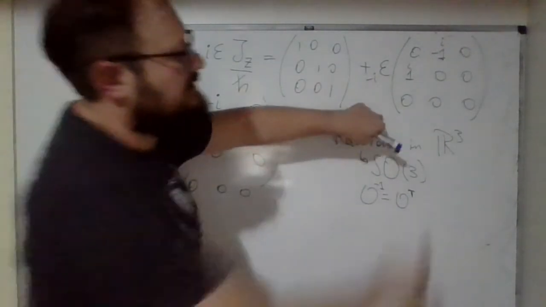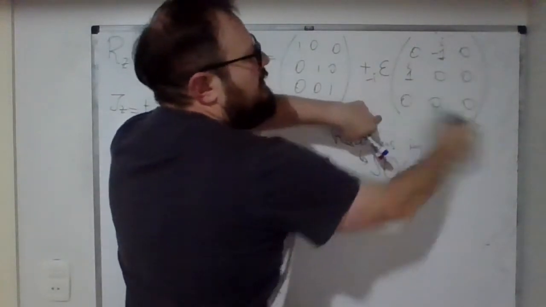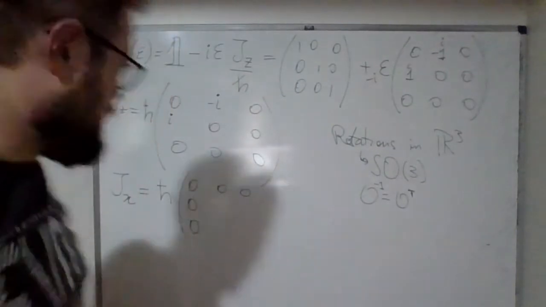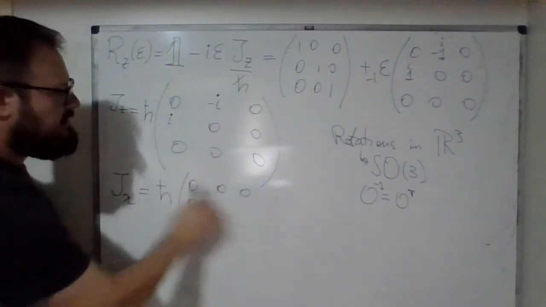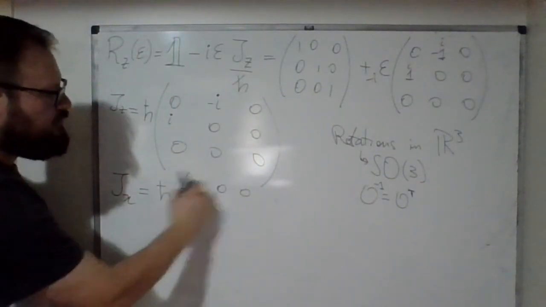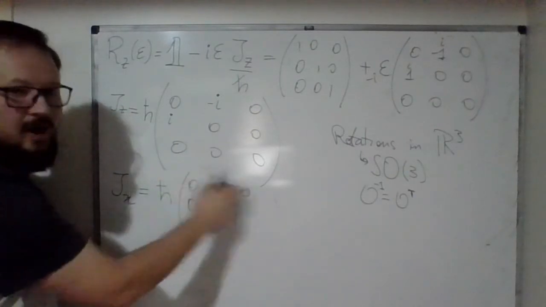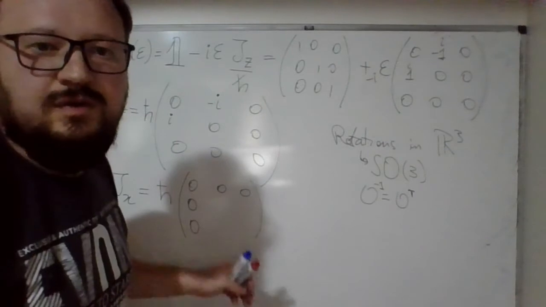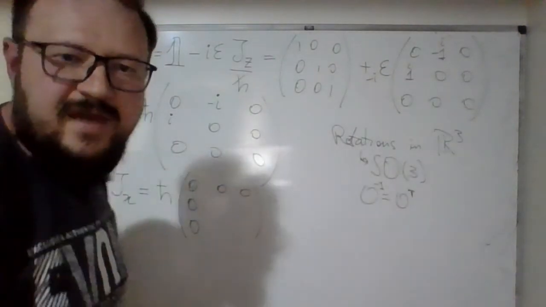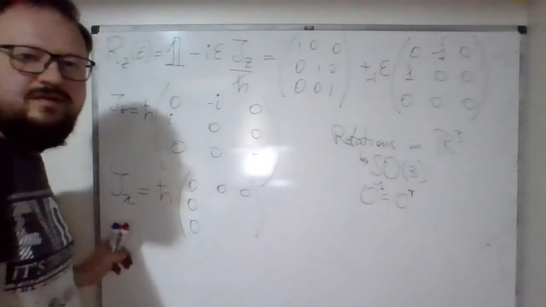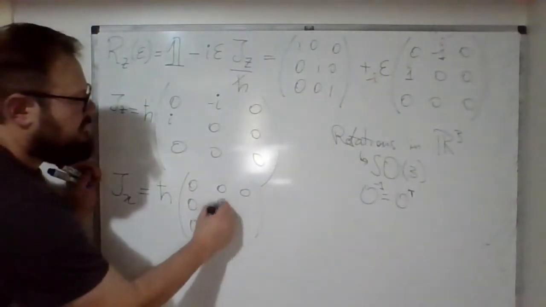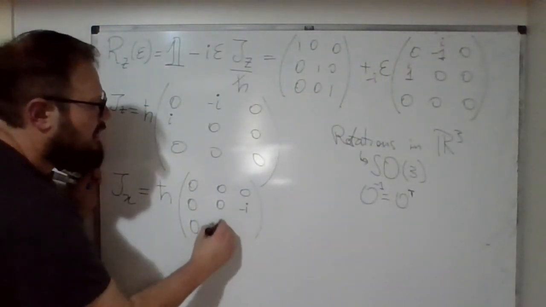So notice that the unchanged components must have zeros in the generator. So x has zeros here because what connects the component x to the others must be zero. The x component of a vector is preserved in the rotation around the x-axis. So you find out 0, minus i, and 0.